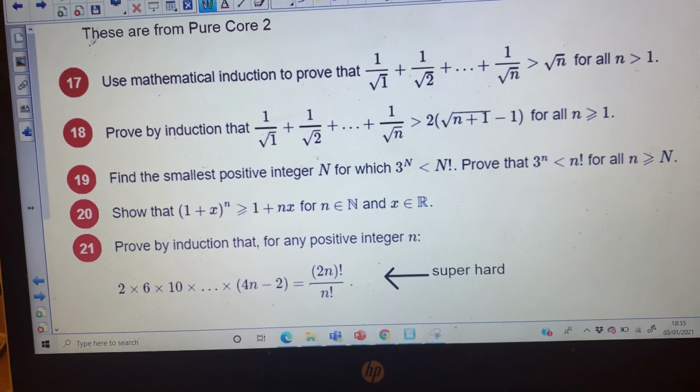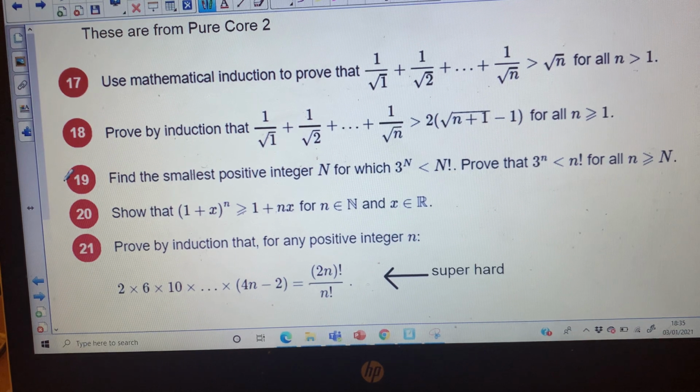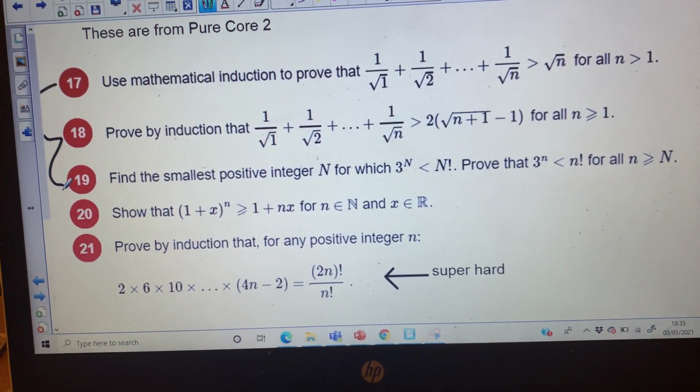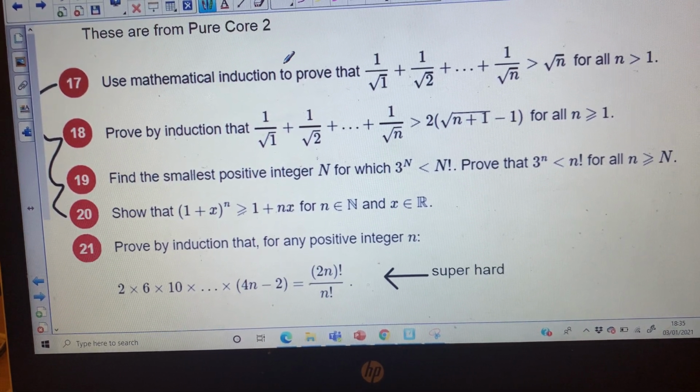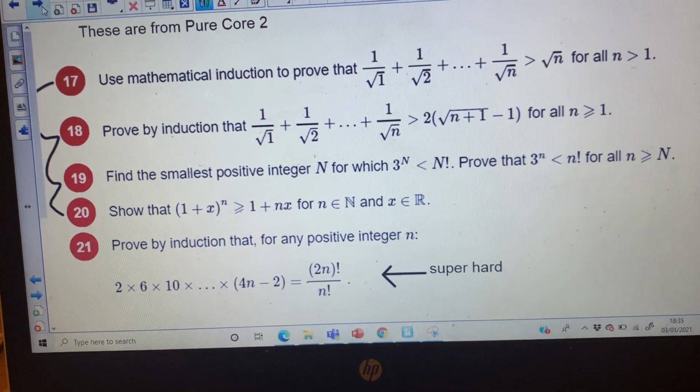So definitely have a look, 17, 18, 19, 20, very much worth a go. You can see that question 21 is really challenging, but the worked solutions are in the back. These are in your miscellaneous exercise, and the worked solutions are in the back and really good. So this is for miscellaneous exercise 1. Use the worked solutions in the back. Well done.